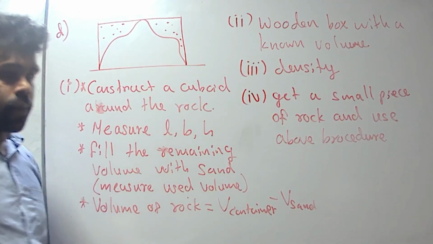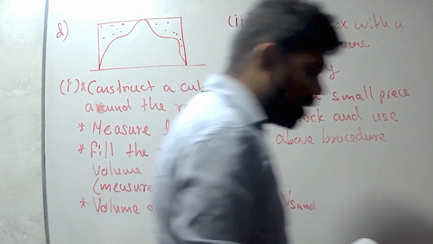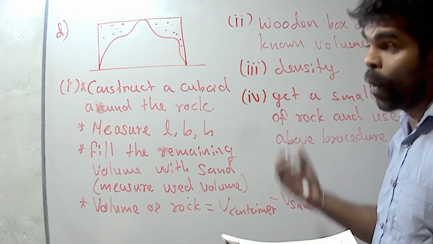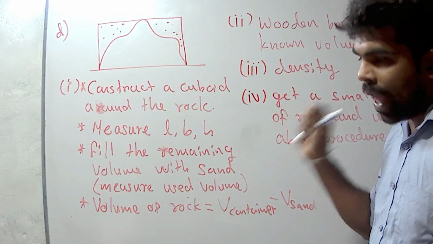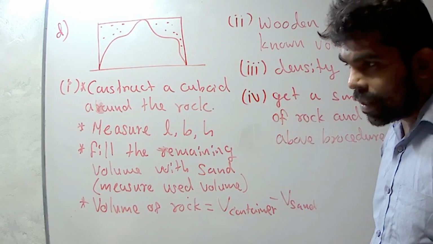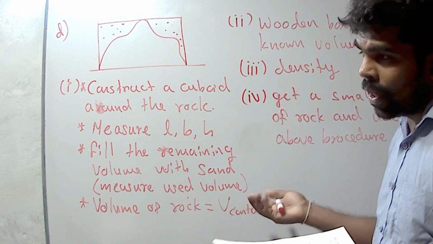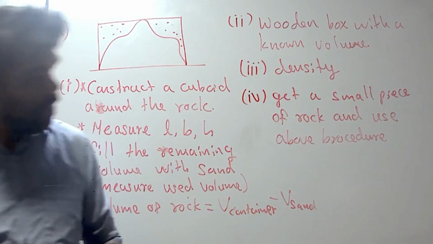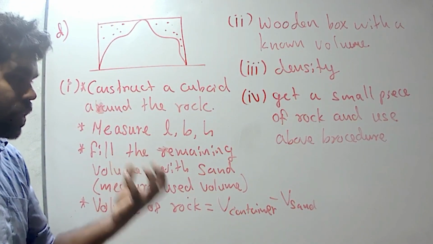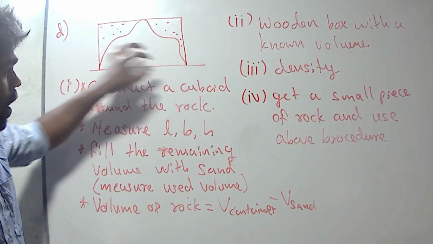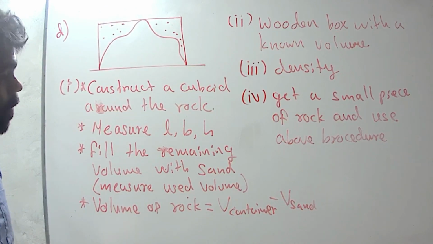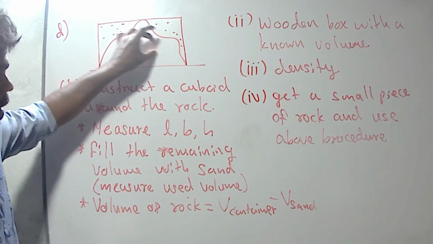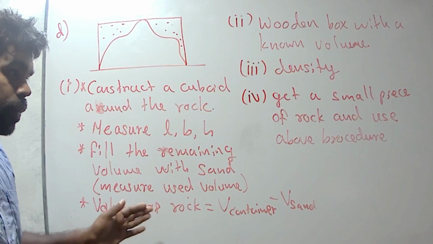Then we have to measure the mass of the rock. When measuring the mass, we have to consider that the piece of rock is in dry condition. We have to dry it, or we can measure it before filling water. Then we can find the density of the small piece and consider the density of the large rock to be equal to the density of the piece. It means we have to consider that this rock has a uniform density.